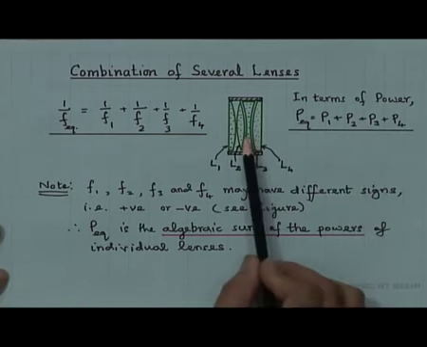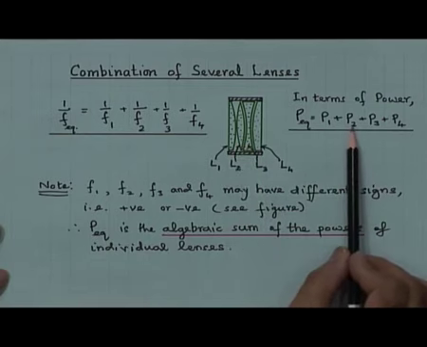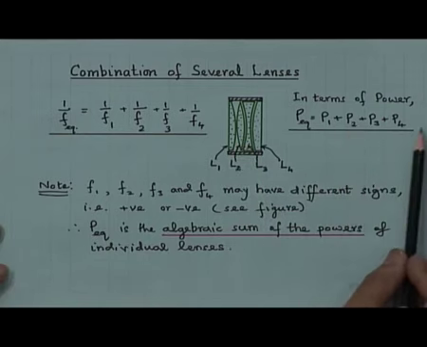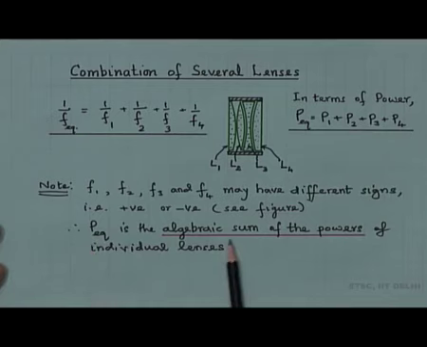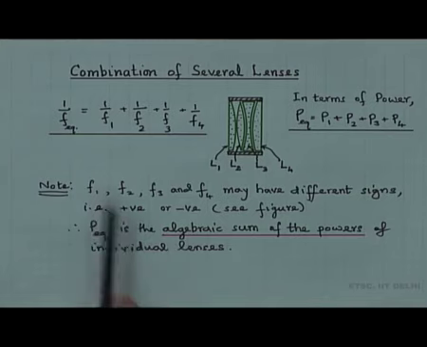But note that some of them are concave and some of them are convex, which means some of the powers are negative, and therefore it is an algebraic sum of the powers of individual lenses. So the power of a combination of lenses is equal to the algebraic sum of the powers of the individual lenses.